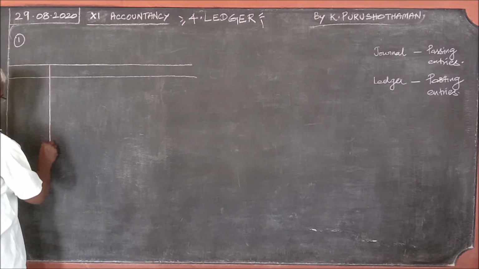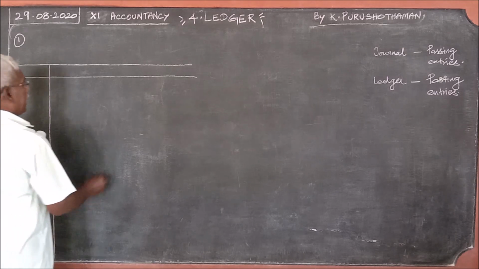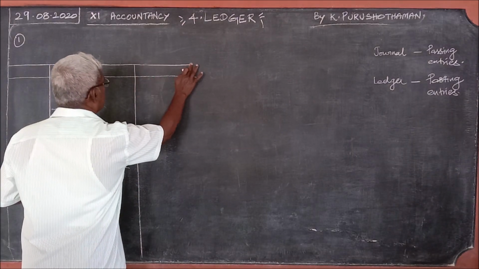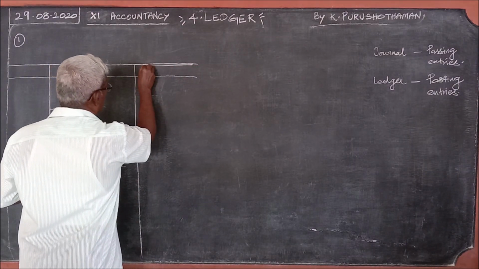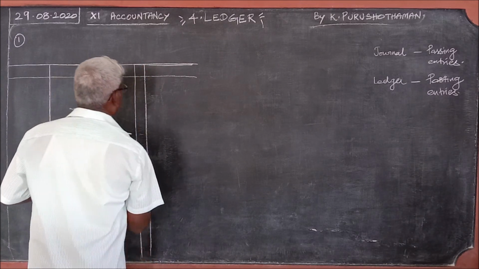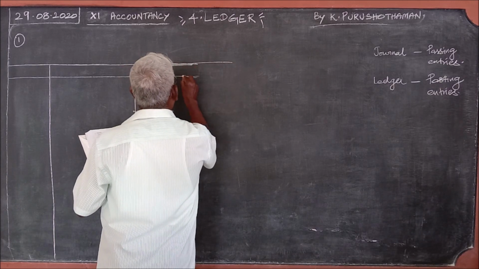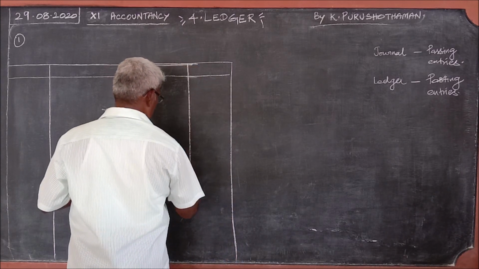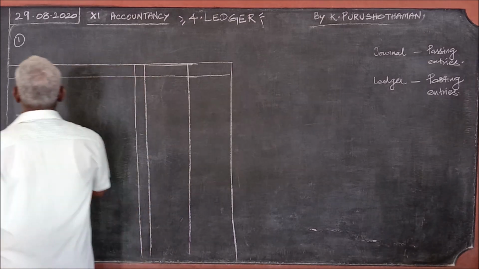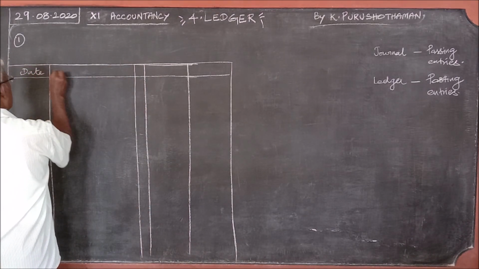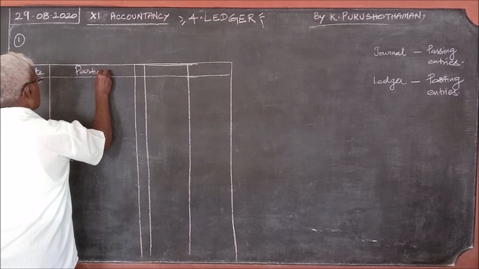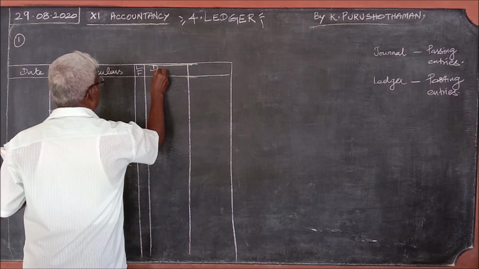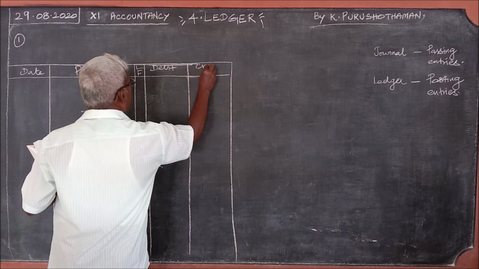As you know well, we have seen in many problems the format: date, particulars, ledger folio, debit, credit.